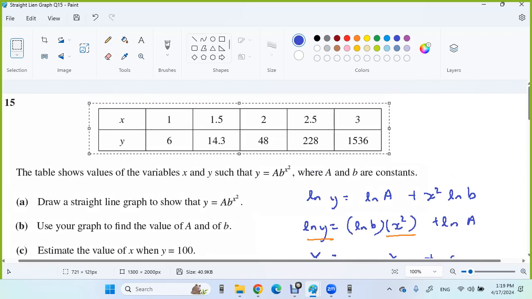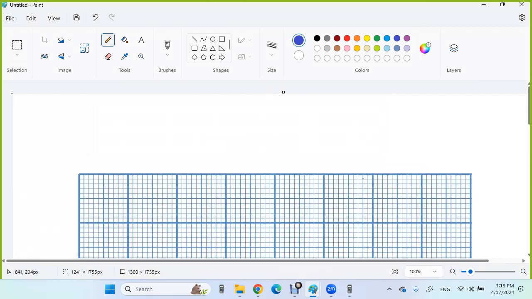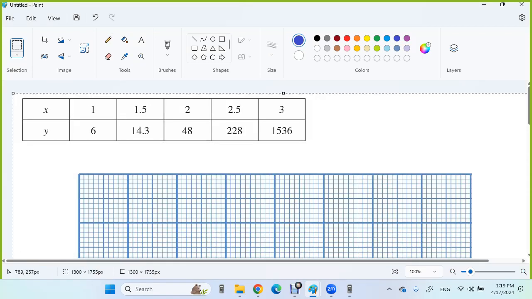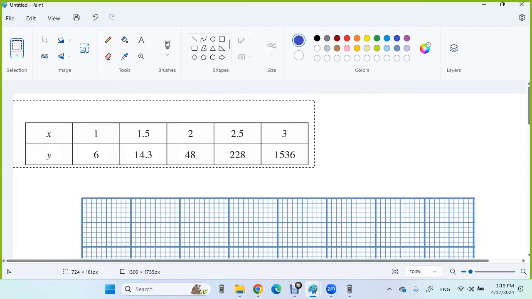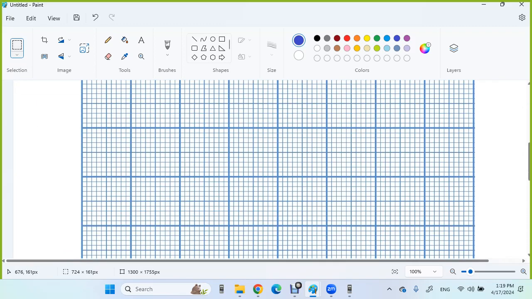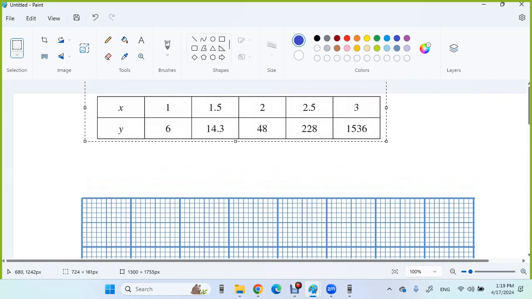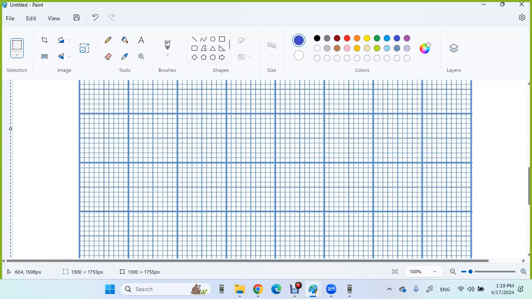So what we need to do now is find the values of ln y and x² to draw the graph.